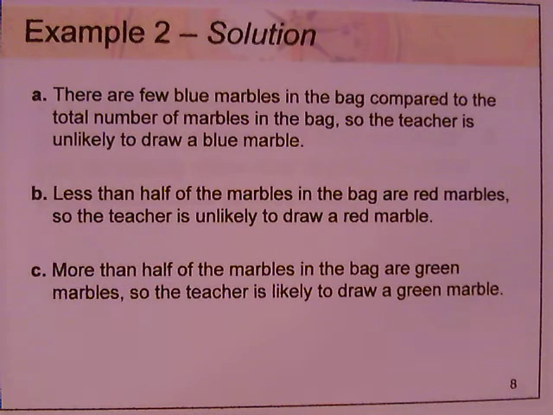So the teacher is, again, unlikely to draw a red marble. And then part C, drawing a green marble. We have 72 green marbles in that bag. That's more than half the marbles in the bag. So the teacher would be likely to draw a green marble.